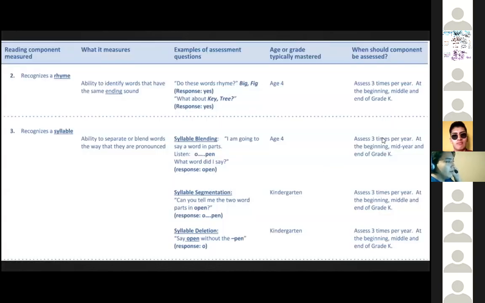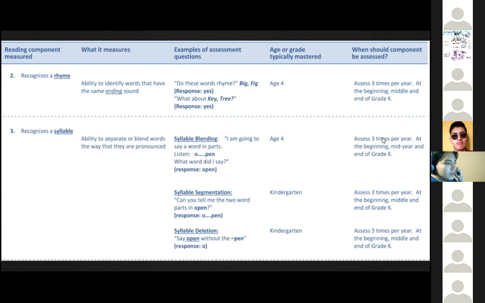So here we have a little example. In the first column, we have the reading component measured. In the second, we have recognize a rhyme. What is measured? The ability to identify words that have the same ending sounds. Here we have some examples of assessment questions. It could be: do these words rhyme, big, fit?